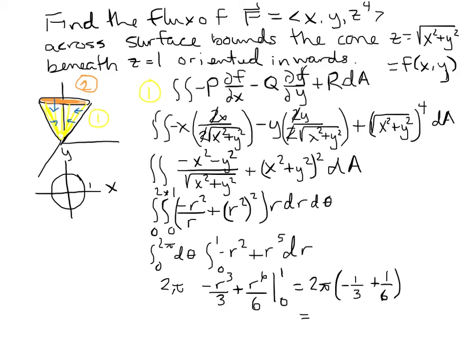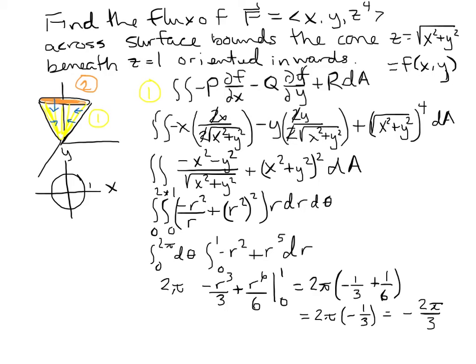And then this is 2 pi times, what do we get there? Why does that seem off to me? Nope, I got it. Okay. And so this is equal to negative 2 pi over 3.